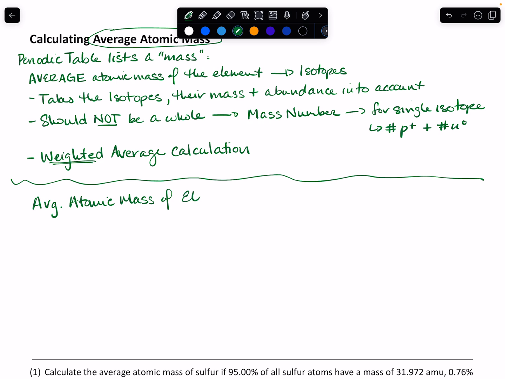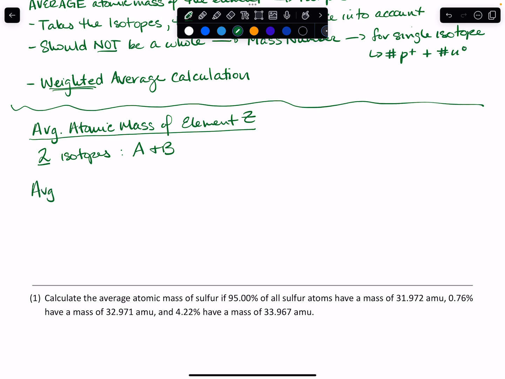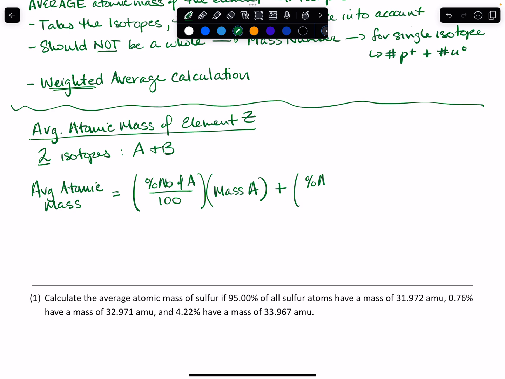I'm just going to make up an element, we'll call it element Z. Element Z has 2 isotopes, and we'll call them A and B. The average atomic mass of Z is equal to the percent abundance of A divided by 100 times the mass of isotope A, and then we add to that the percent abundance of B, divided by 100 to get the percentage out, times the mass of B.